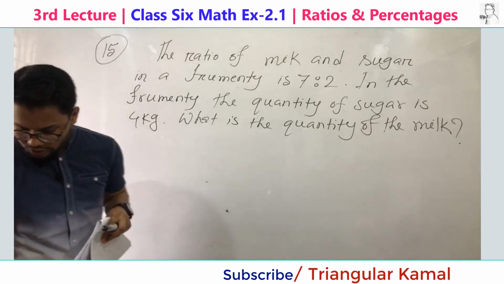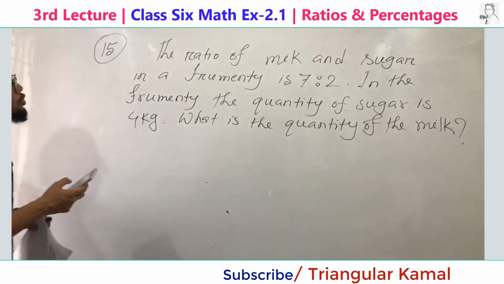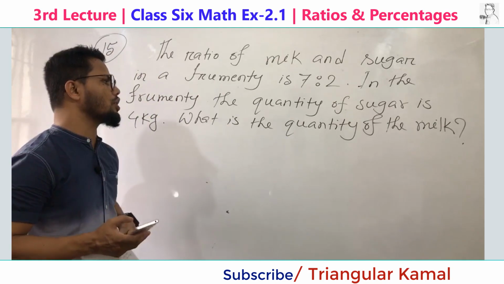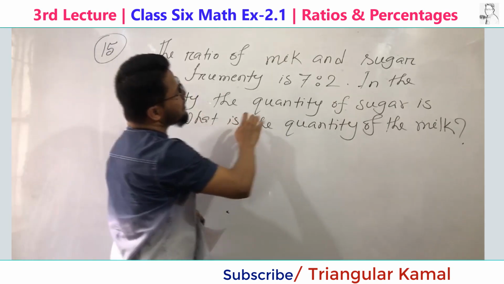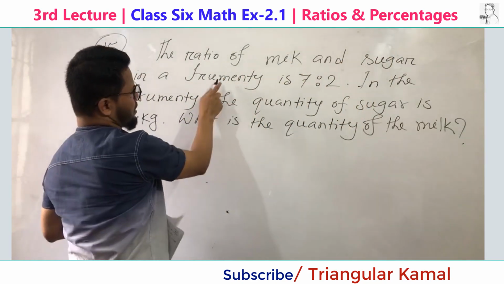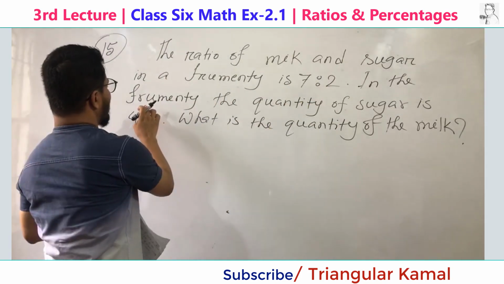So, dear students, I am giving you 2 minutes. We have done these types of maths almost always using the equivalent ratio. You can do this one. The ratio of milk and sugar in a frumenty is 7:2.